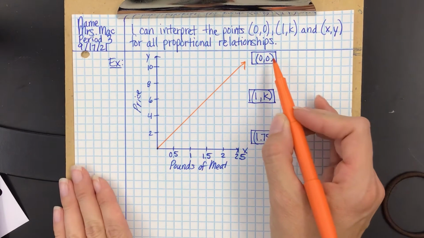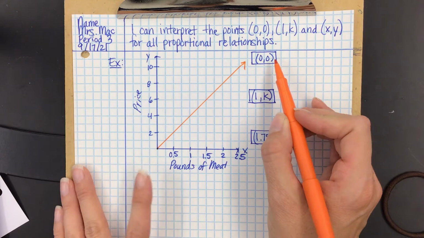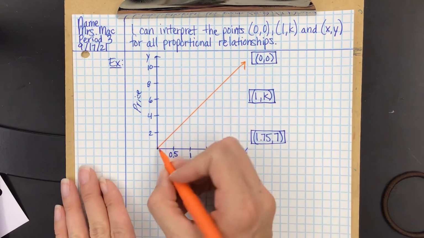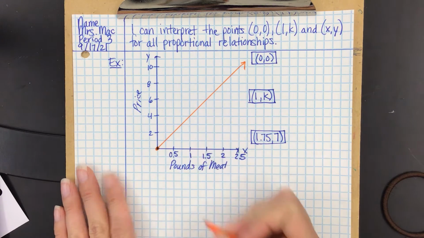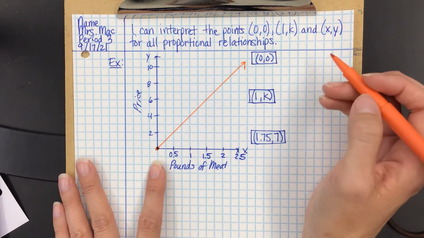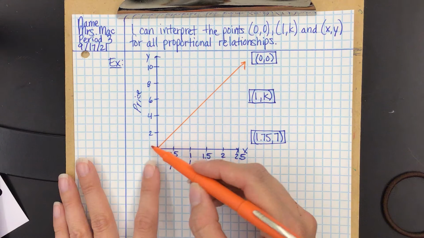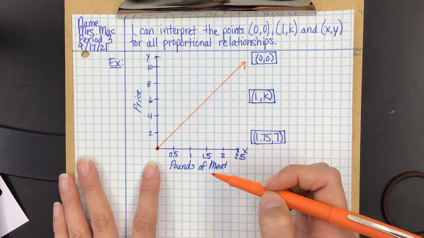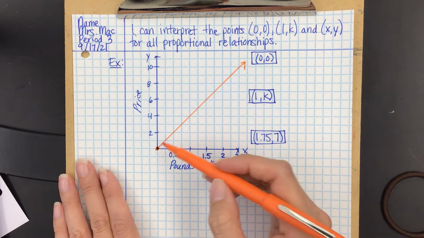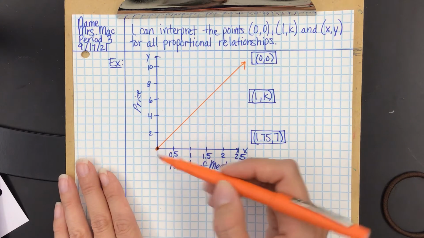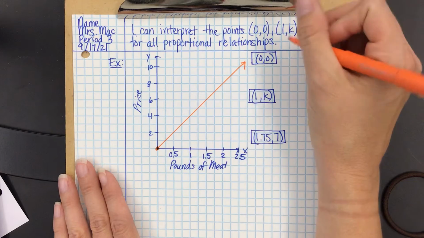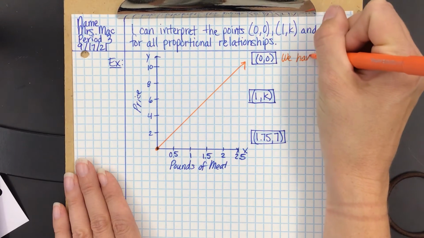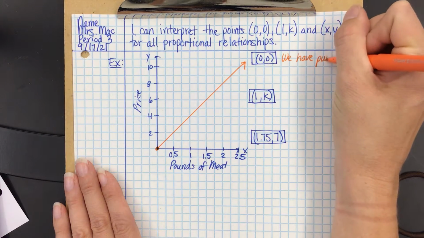Okay, let's start with this point 0, 0. My question is, what does that point mean? So the point right here at 0, 0, for this situation, we can look at our axes. It means that we have purchased no meat, right? Because if we have 0 pounds of meat, it's going to cost us $0. So we can say we have purchased no meat.